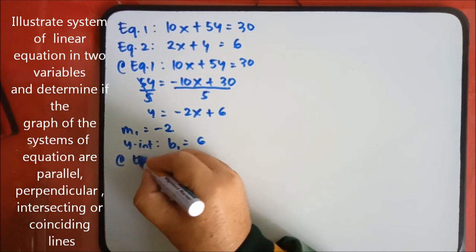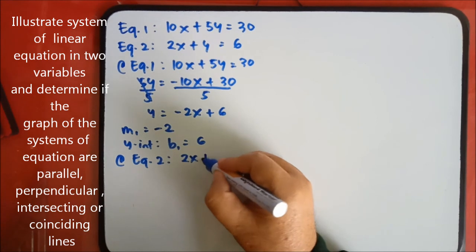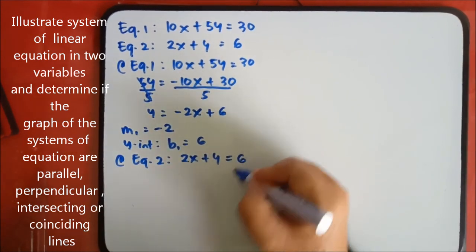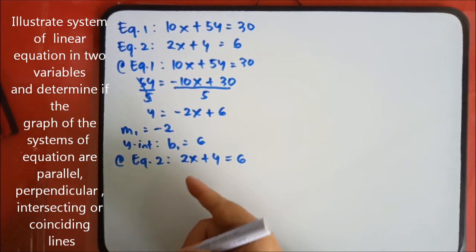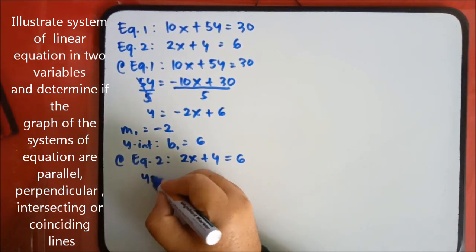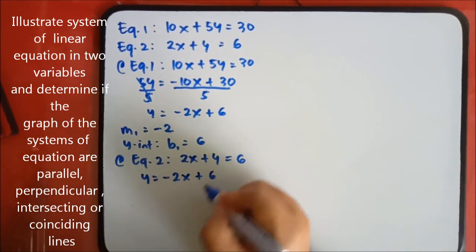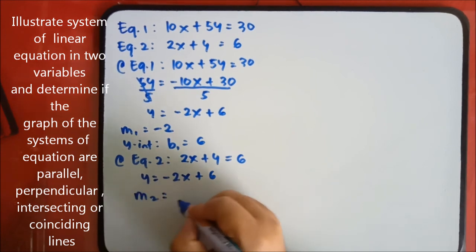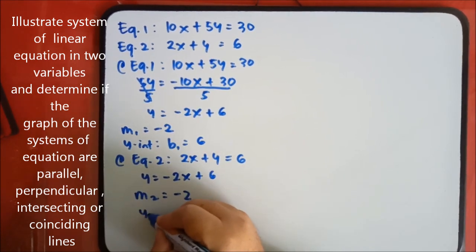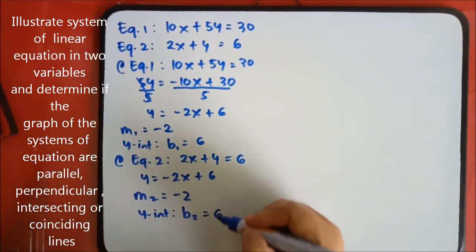At equation number 2, 2x plus y is equals to 6. Transfer 2x to the right side of the equation. Okay, y na lang ang matira. Ang 2x mo maging negative 2x, then plus 6. So, what is your slope? Your slope number 2 is negative 2. And your y-intercept b sub 2 is 6.